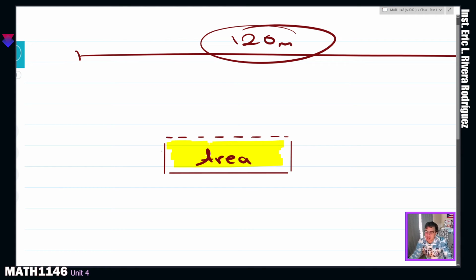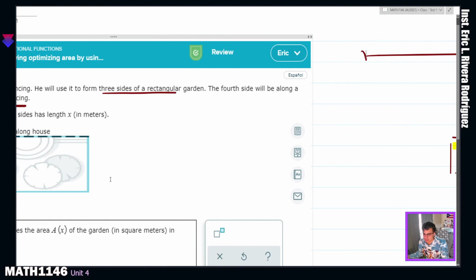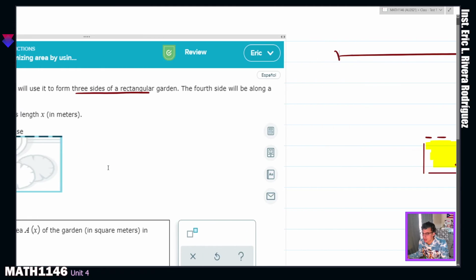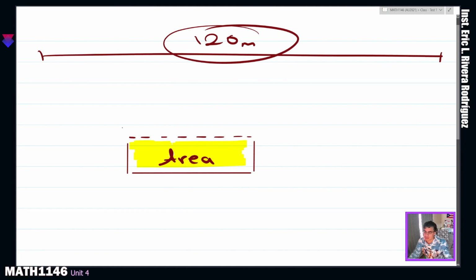Now it is important to use variables because we do not know how long each side needs to be in order to create this rectangular shape. The only thing that I know, because this is a rectangle, is that the lengths of these 2 sides are the same.